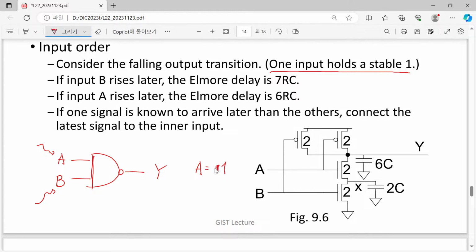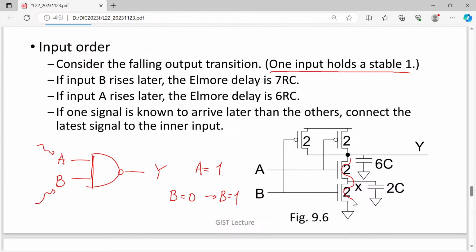Oh, sorry, this is just a logical number. 1. And previously B was 0. And at a certain time instance it suddenly becomes 1, then what will happen? Now B is turned on and we have the connected loop toward ground, and Y will be discharged down to logical 0. That is expected.